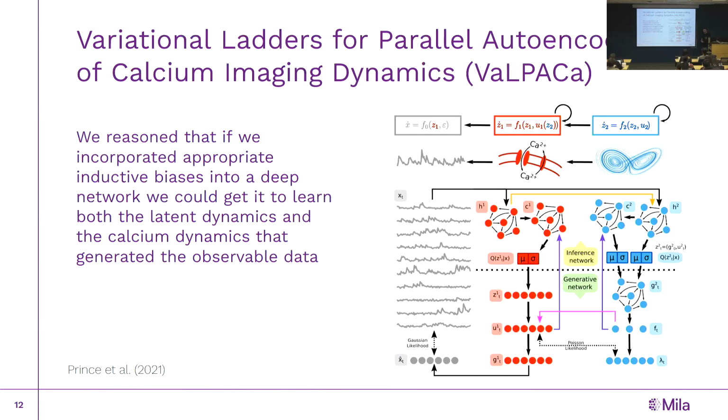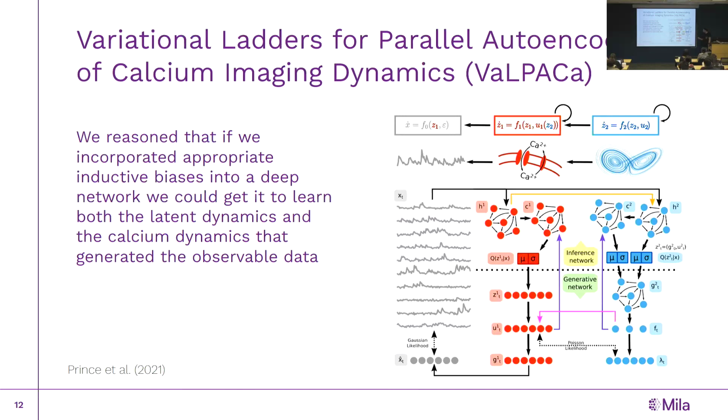Gaussian distributed. But then this is why it's called a ladder autoencoder. You also feed some of your inferred activity up to another variational autoencoder. So this is a hierarchy of variational autoencoders, and this variational autoencoder's job is to infer those computational dynamics.